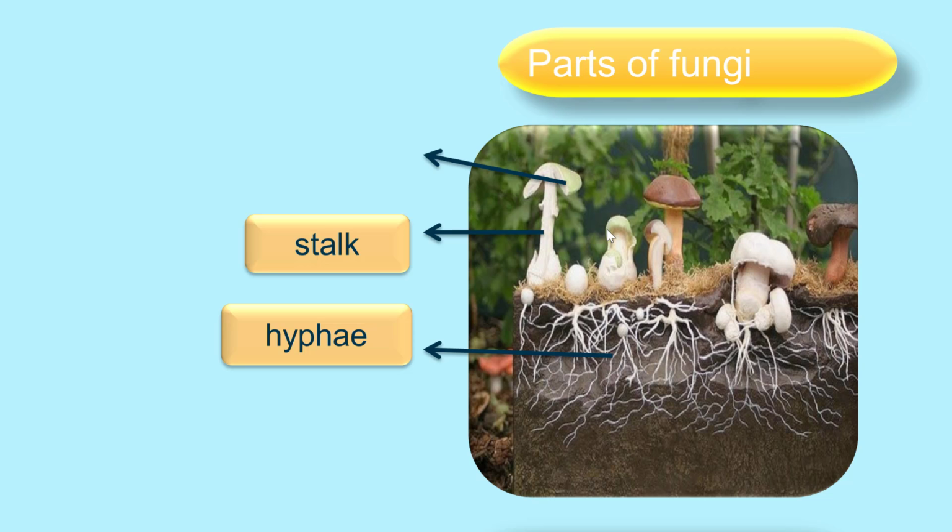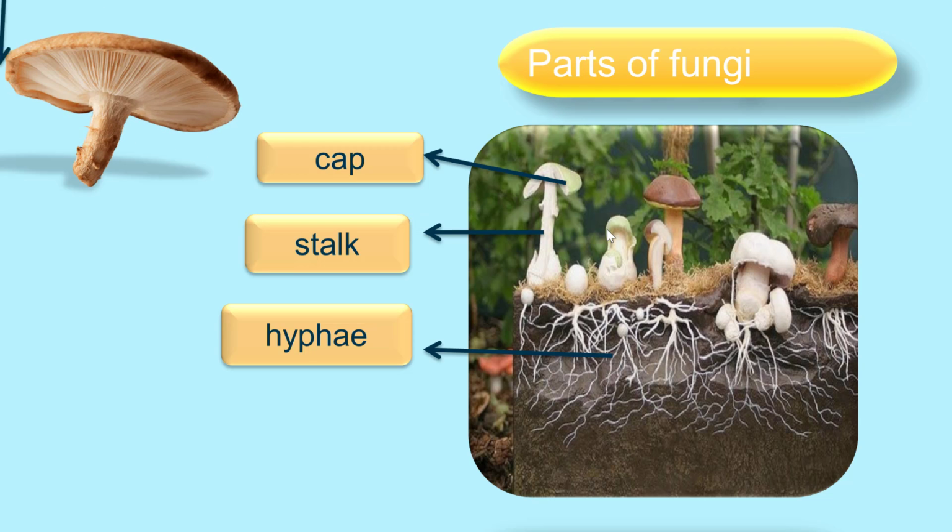Fungi have parts, should I say? The parts of fungi are the cup, stalk, and hypha. Hypha is like the root of a plant, to anchor the fungi in the soil and absorb food.